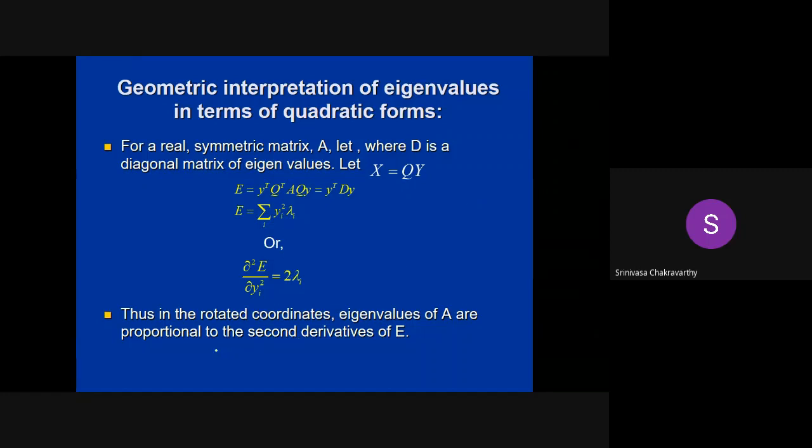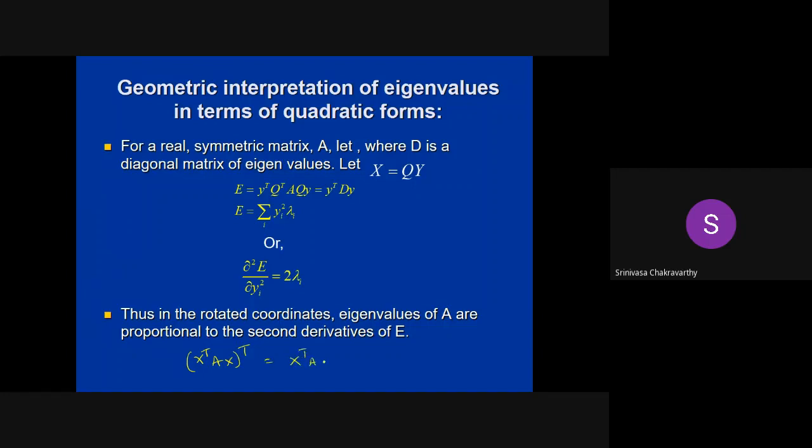When we discuss quadratic forms, that is, a function of the type x transpose Ax, A has to be a symmetric matrix. Why is that? This is a scalar: although A is a matrix and x is a vector, x transpose Ax is a scalar. For a scalar, the transpose is the same; transpose doesn't change anything.